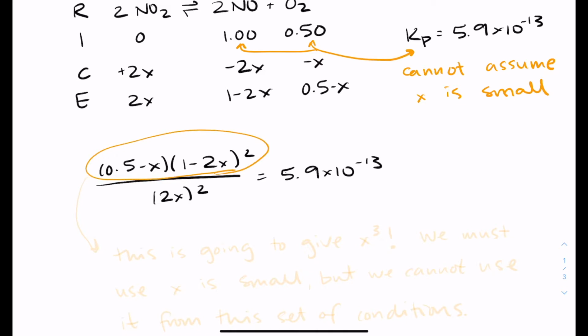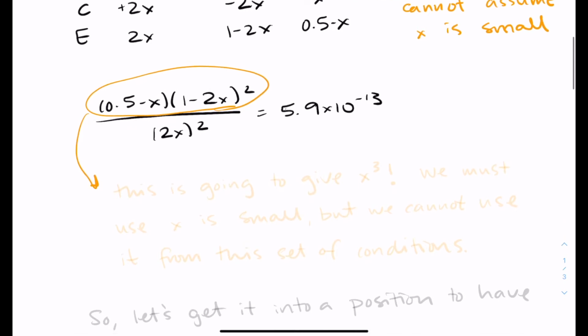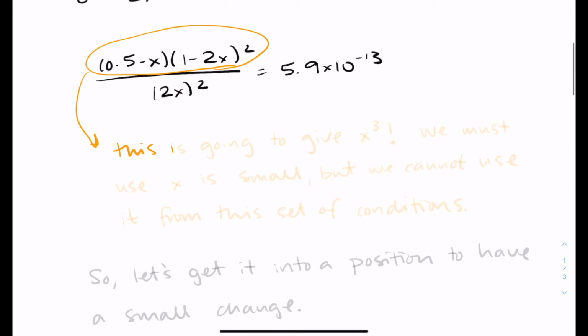So, okay, I can't assume x is small. Let's set up my equilibrium constant expression with the values plugged in. And when I do this, the top of this equation is where you can see that the x cubed is going to pop up, right? I'm going to have an x cubed.